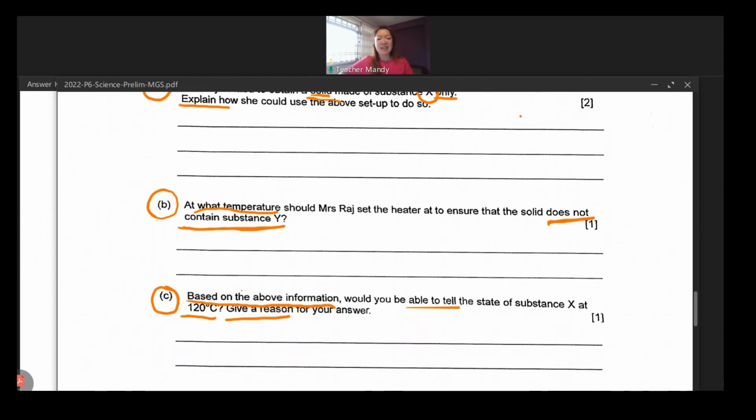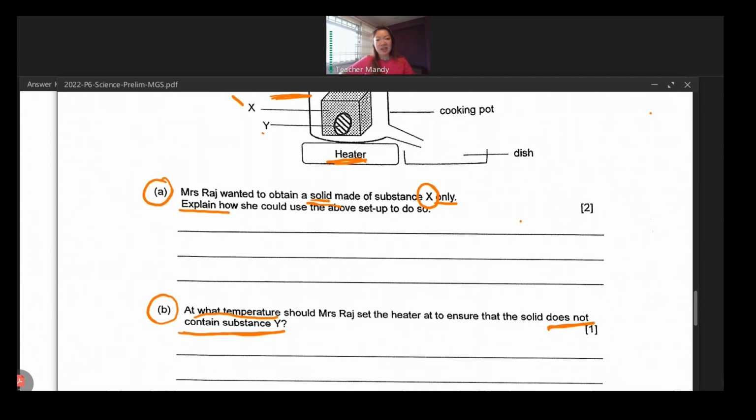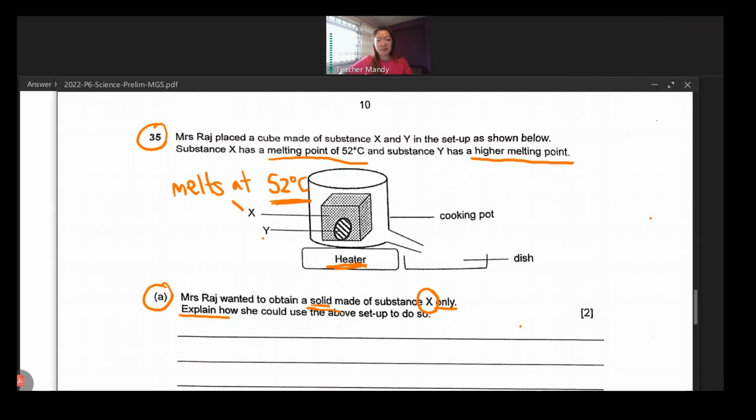It doesn't really give us any other information, like what happens after 52 degrees Celsius. So it can be a liquid, it can be a gas, or solid. We have no idea, right? So would I be able to tell? No. Based on the information there is, we are not able to tell.